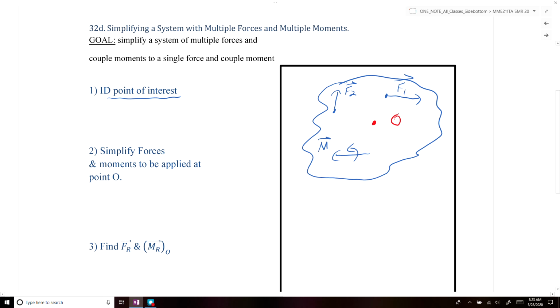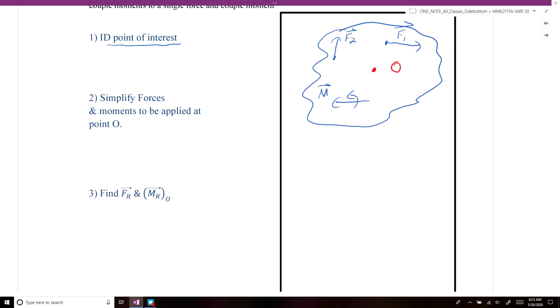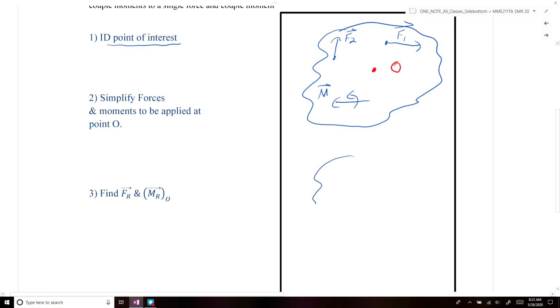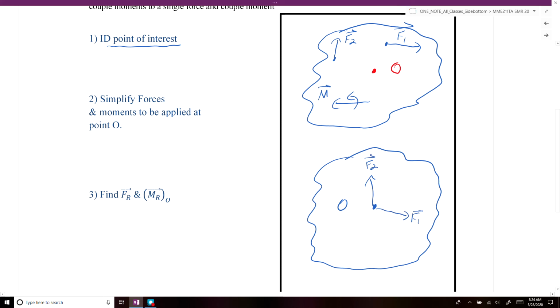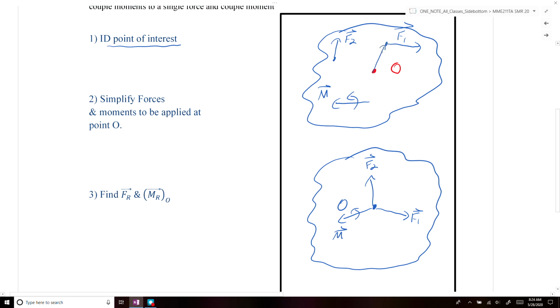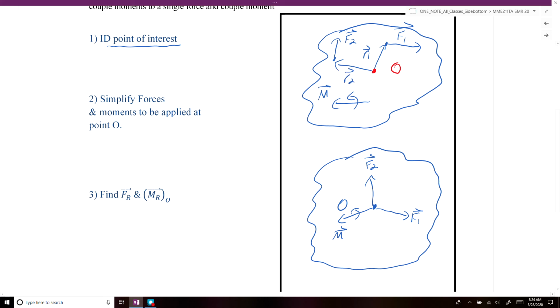The second step is that we're going to take all of our forces and our moments and apply them at point O. So we're going to have force 2, force 1, our couple moment, and then we're going to have two additional moments due to force 1 and force 2.